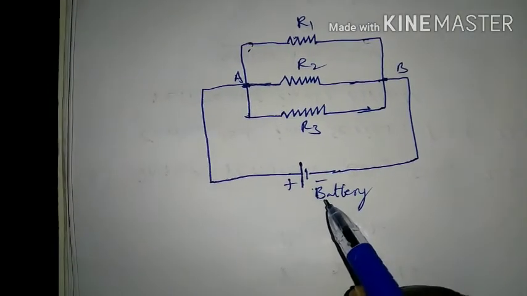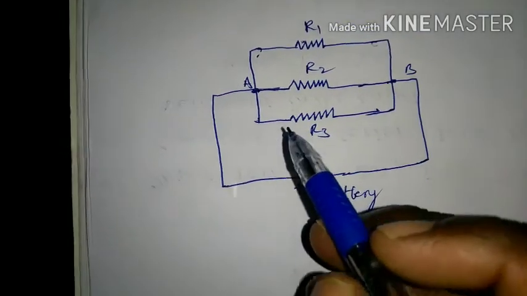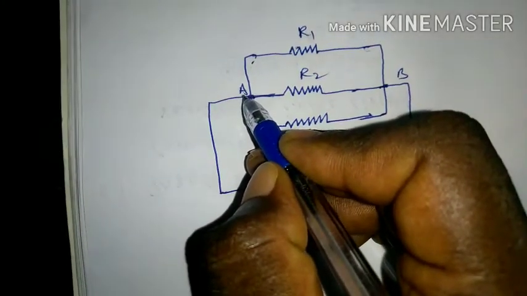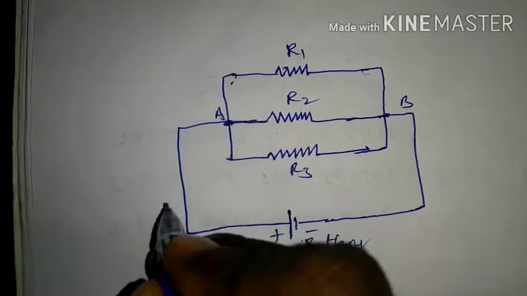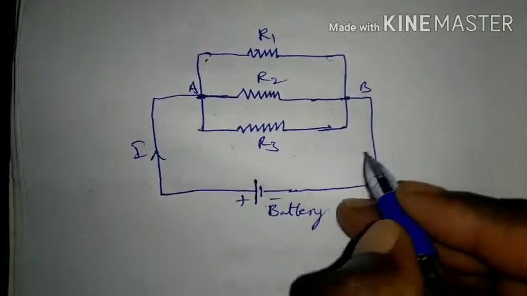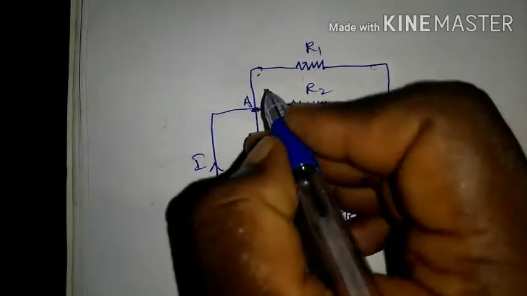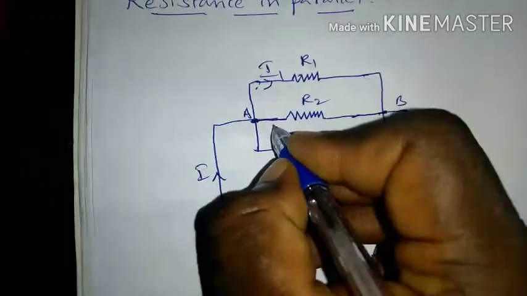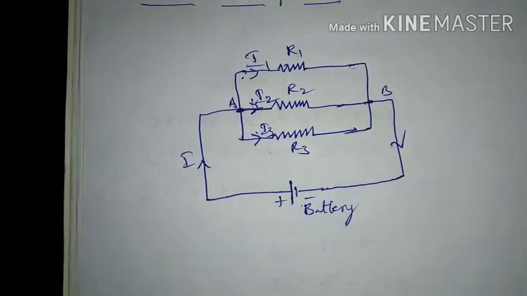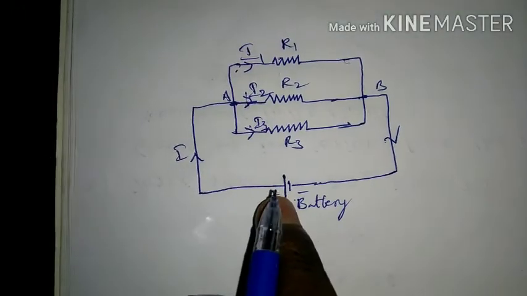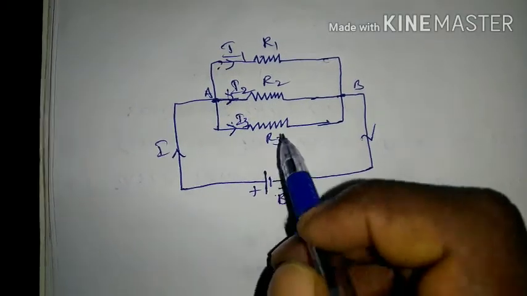A battery is connected across this combination between points A and B. Let I be the current from the battery, and I1, I2 and I3 be the currents through resistance R1, R2 and R3 respectively.